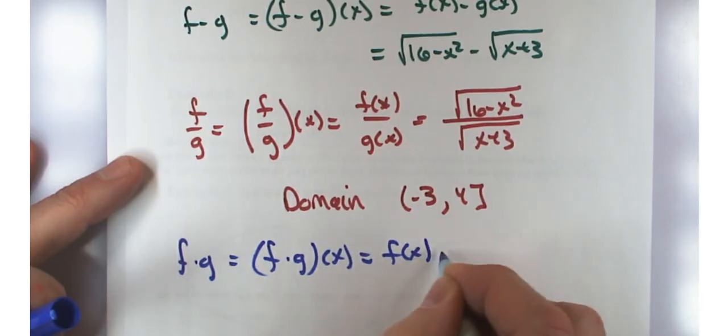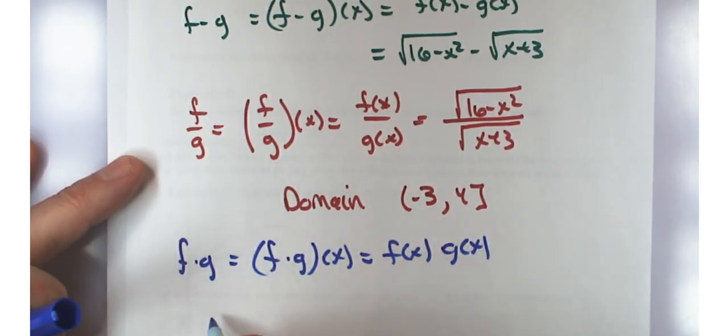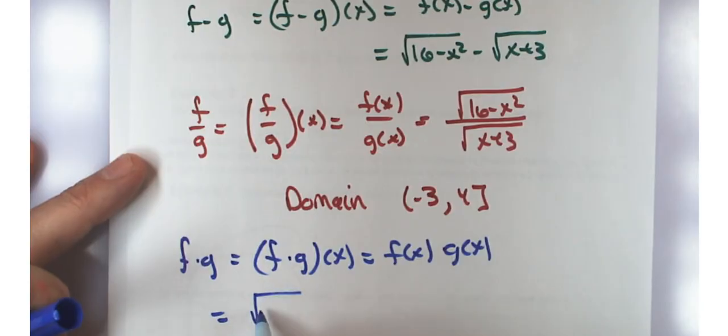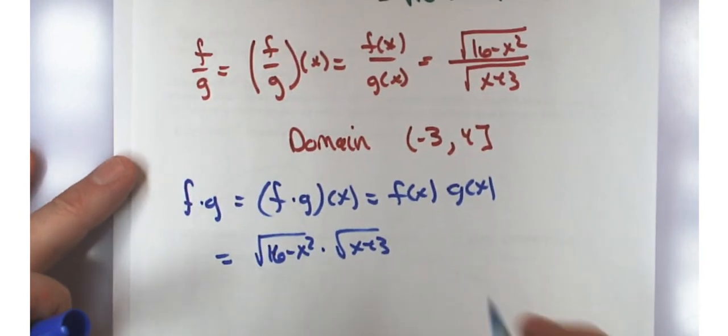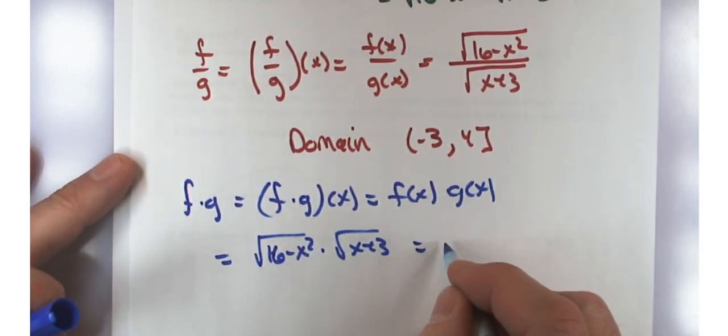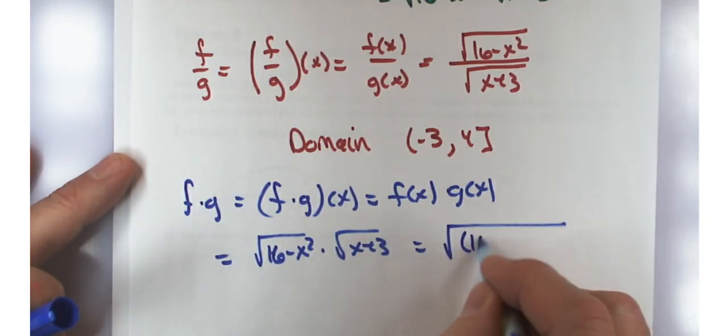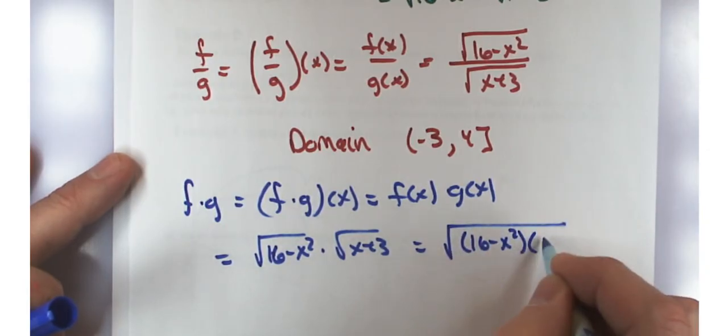So that'd be the square root of 16 minus x squared times the square root of x plus 3. And if you really wanted to, you could make that one big square root: 16 minus x squared times x plus 3.